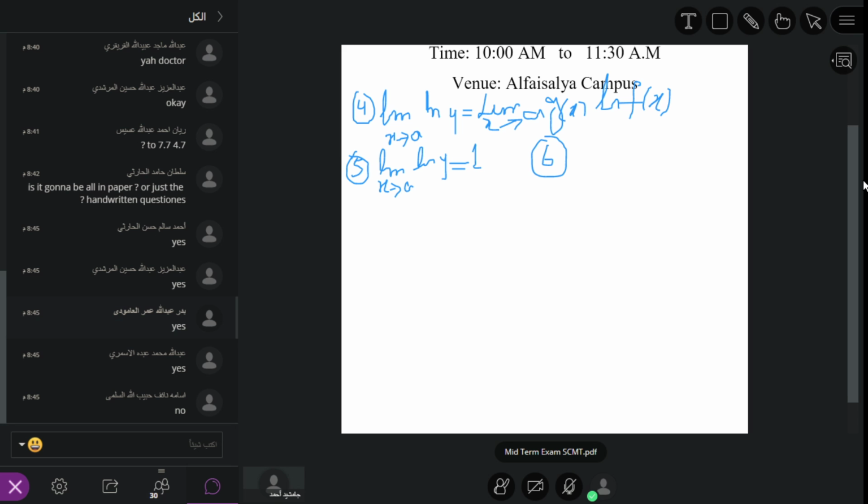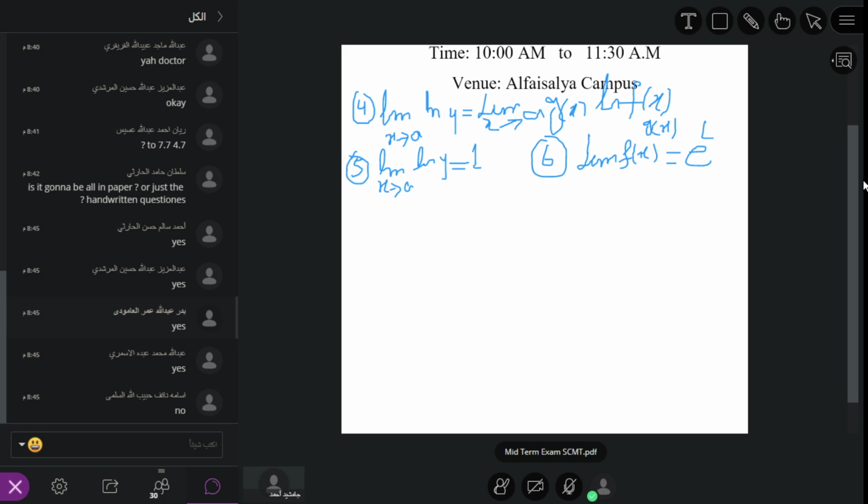Limit of f of x power g of x is equal to e power L. So this is the method you have to use for limits.